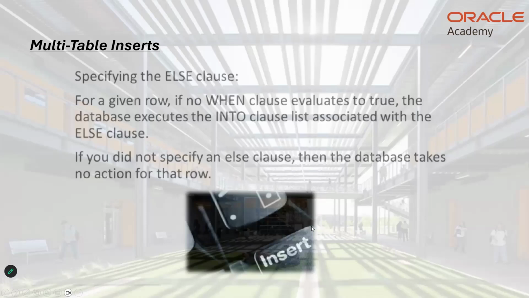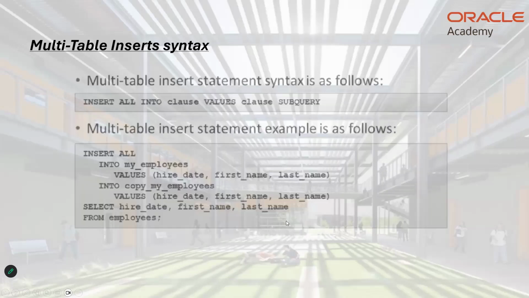I think I am going to give you an example here. The syntax for a multi-table insert is insert all into, and then your clause values, your clause subquery. You can see here, insert all into my employees, a new table, values, column names that we're defining, and there has to be a correlation, so we're going from my employees into copy of my employees.